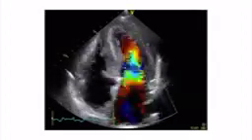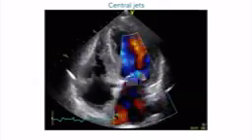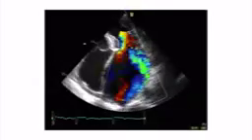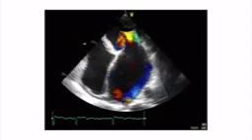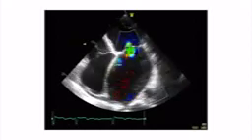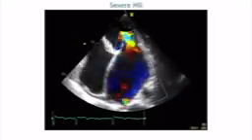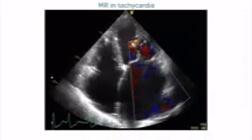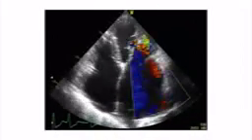Some jets are central, as this example shows of a patient who has severe left ventricular hypertrophy. Some jets are very easy to see. Here's a patient who has a very large atrium and a huge mitral regurgitant jet. And in some patients, it's sometimes even difficult to detect mitral regurgitation and to quantify it, as this example of a patient with a high heart rate shows.